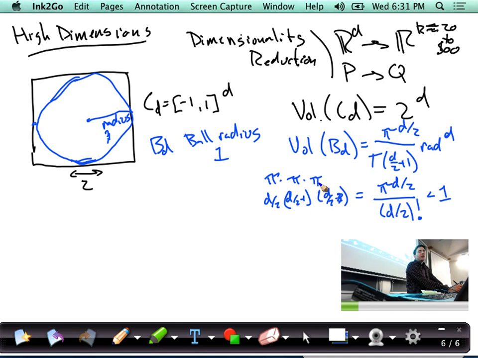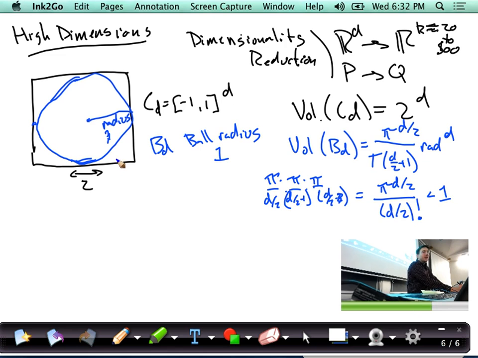At the very beginning, when the denominator term is like 1, then pi over 1 is greater than 1. But for each term, you can just multiply these together. The denominator is growing with D, and the pi term is not. So as D gets bigger, this is shrinking less than 1, whereas the cube was growing exponentially.